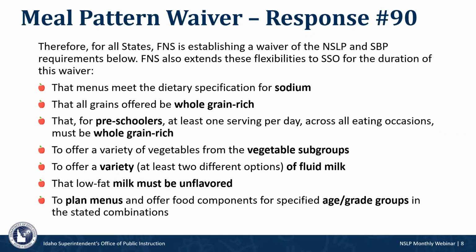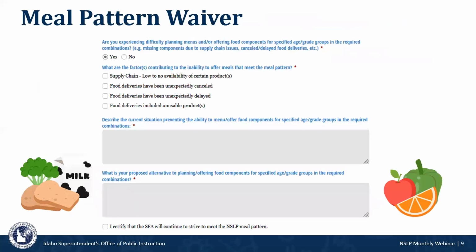If you are encountering additional problems, you will need to submit a new form and identify the areas that maybe you did not receive prior approval for or request approval for. We did modify the form a little bit recently just to help encourage that we want to know what factors are causing any reason that you're not being able to plan menus or provide the appropriate meal components for age grade groups.